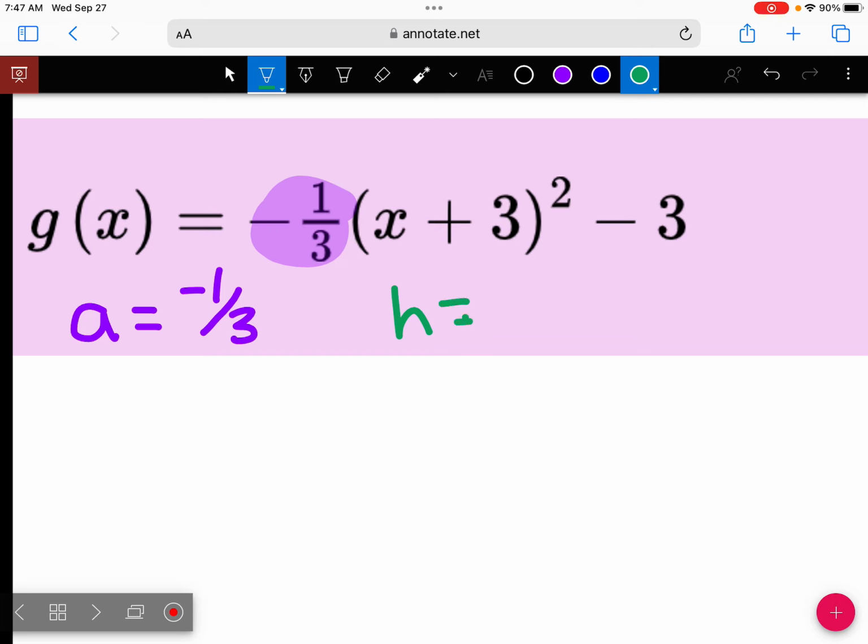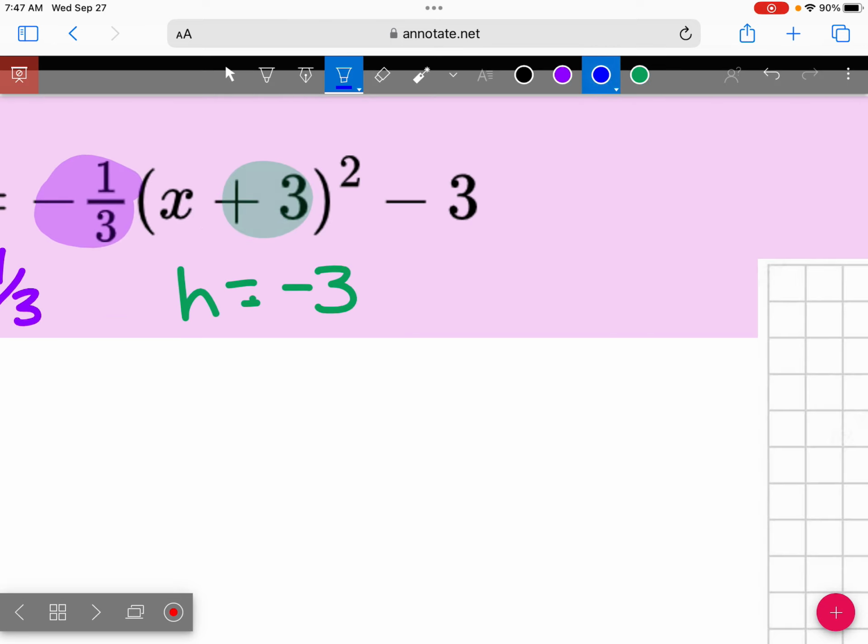It's -3. It always has the opposite sign of the expression here. How about my K? It's -3. A couple of -3s here. Lots of minus signs going on. Everybody's negative. That's okay. We can do that.